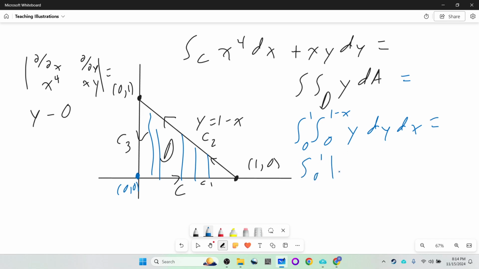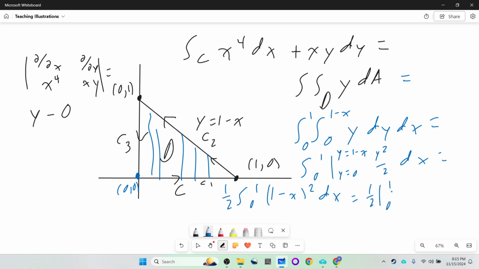Integral from 0 to 1, y equals 0 to y equals 1 minus x of y squared over 2 dx is the integral from 0 to 1 of 1 minus x squared over 2 dx, which would then become 1/2 times the integral, or evaluate from 0 to 1, of negative 1/3, 1 minus x to the third.